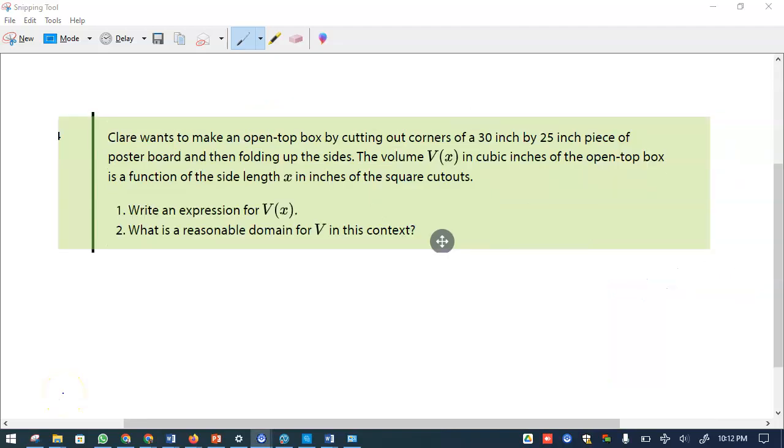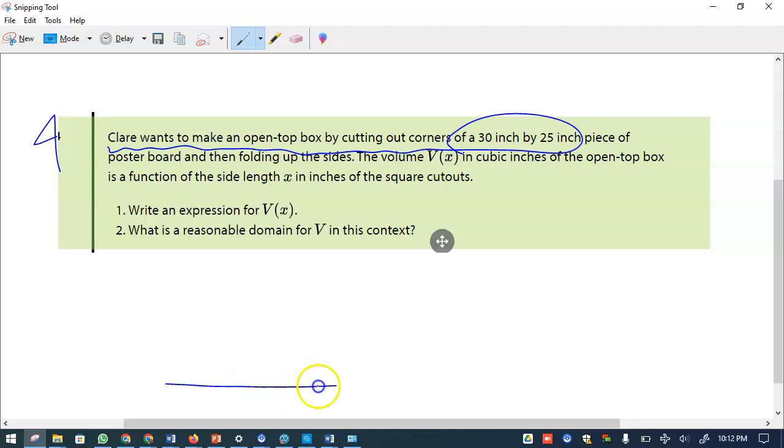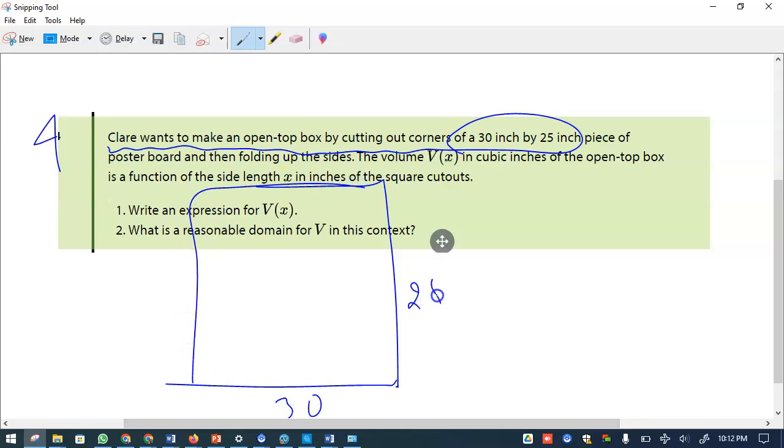So this is the last question. I think it's question number 4. Claire wants to make an open top box, this one is 30 inches and maybe 25 or something like this. This is 30, this is 25. And you want to cut off, again the same thing, some inches. So that's like x.